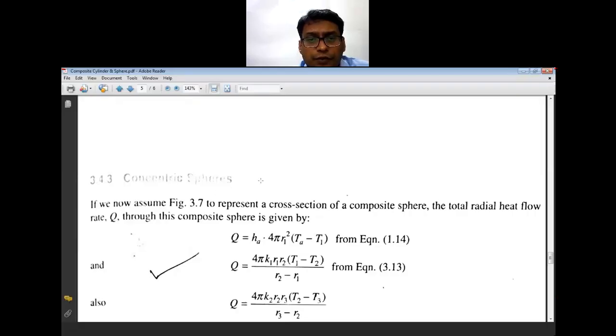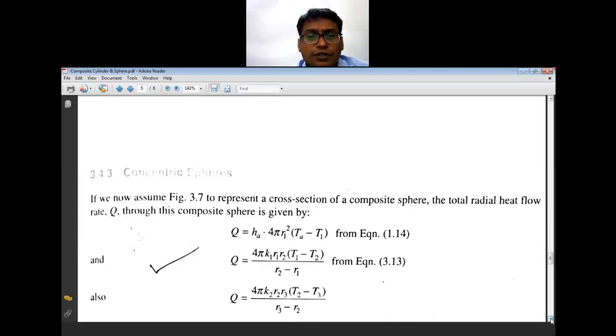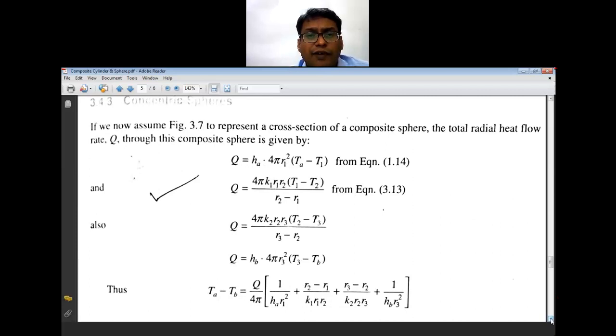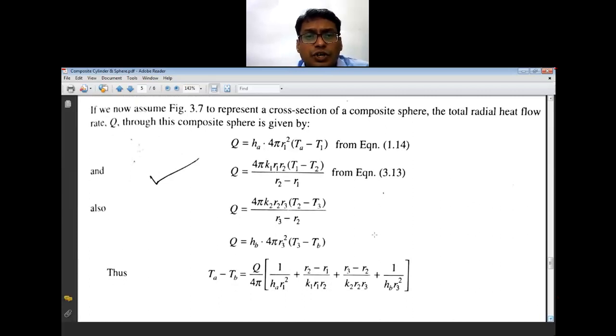So now coming to the concentric sphere, the first is the convective resistance, Q equal to HA into delta T, that is HA into 4 pi R1 square, where R1 is the inner radius, and the temperature difference TA to T1.